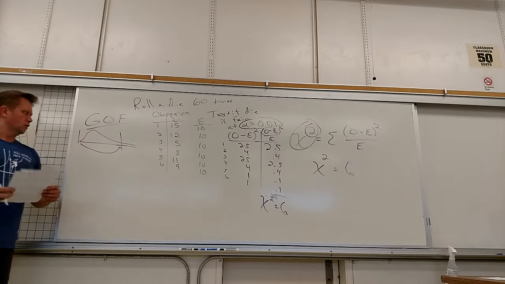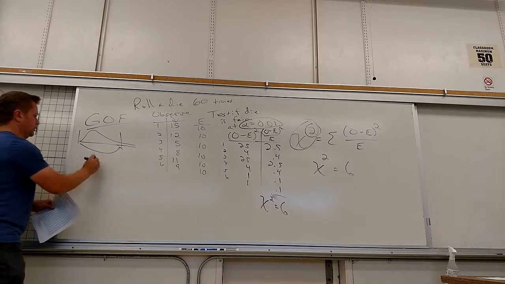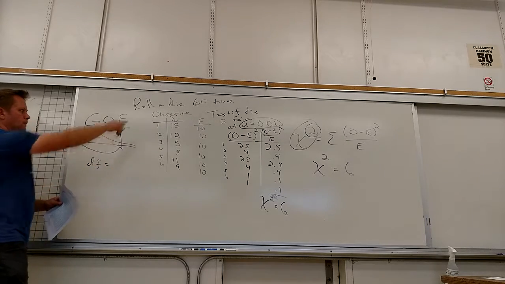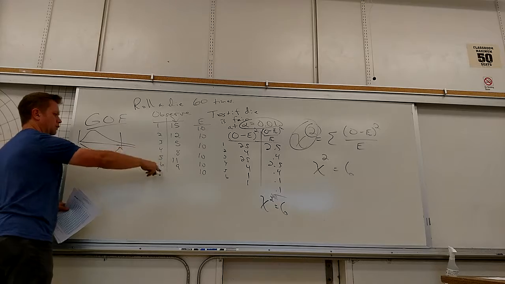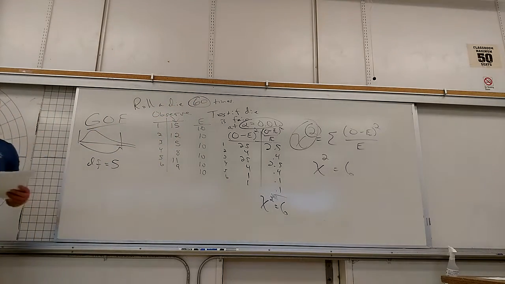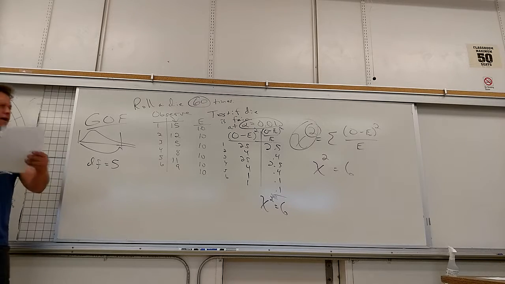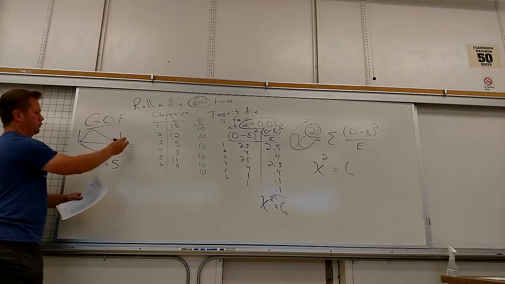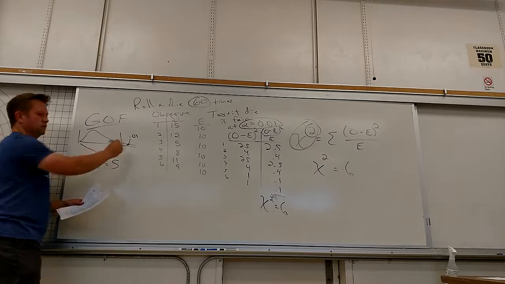Right? So degrees of freedom for us was 5, because there's 6 categories. It's not got anything to do with this. It's got to do with the number of categories. Degrees of freedom 5, I want alpha of 0.01, so I want the area to the right to be 0.01.